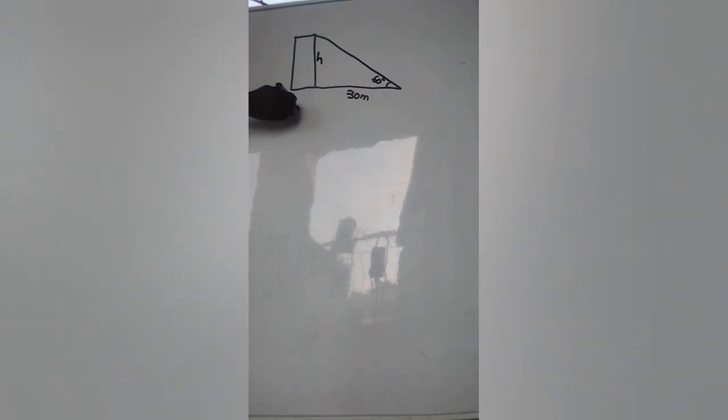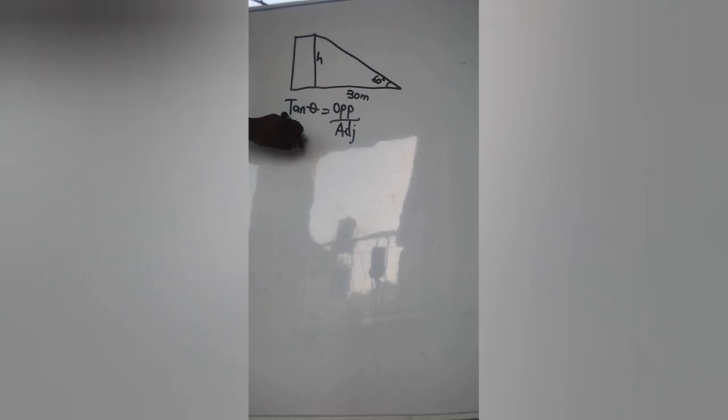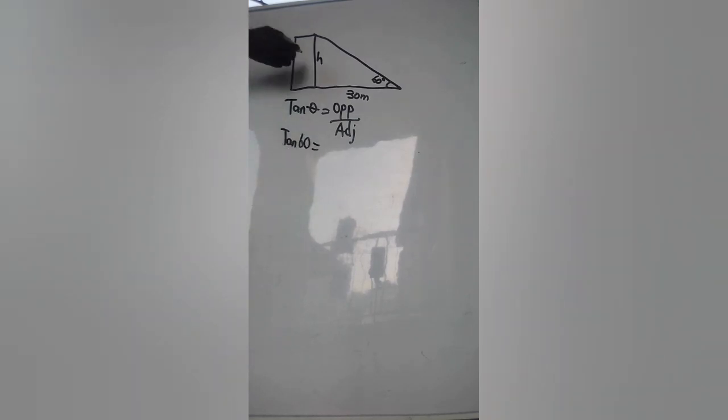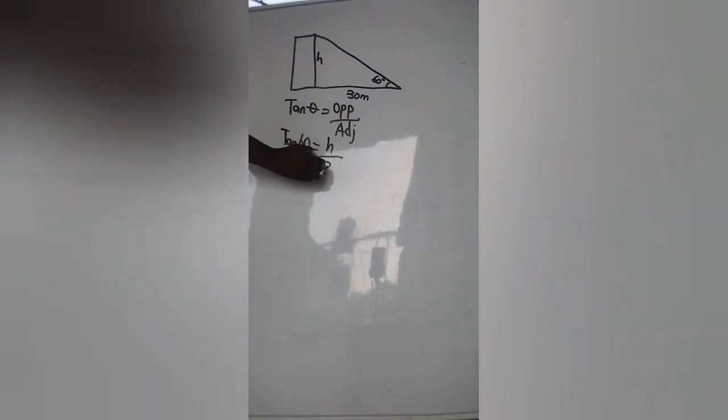So, tan theta is equal to opposite over adjacent. Our tan 60 is equal to opposite, which is h, all over adjacent, which is 30.